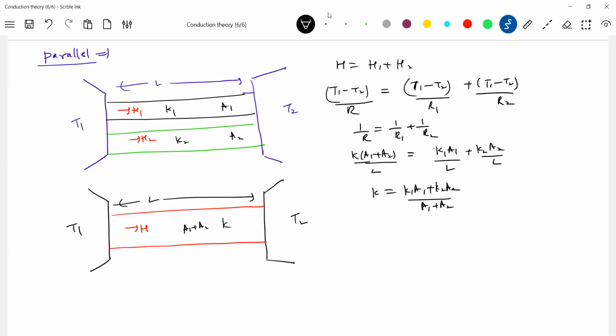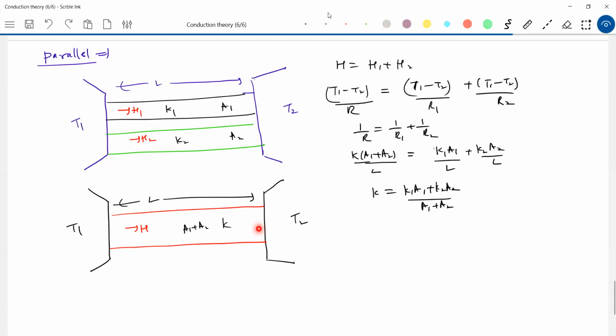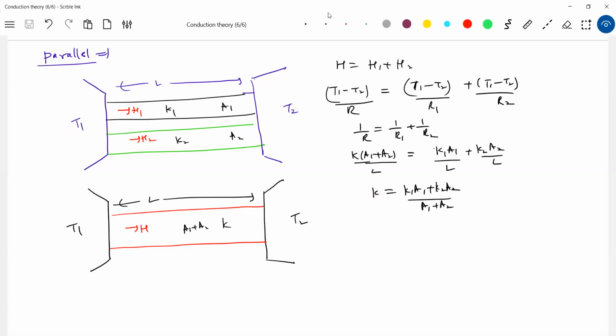Then what should I do? I should replace this rod with a material whose thermal conductivity will be equal to K. So what is the use of this? Suppose this will cost you around 300 rupees, 400 rupees. I want to replace these two rods by one equivalent rod. I'll find out the effective K, then go and search the cost of this material.